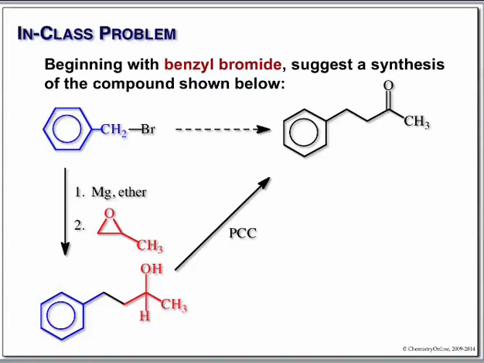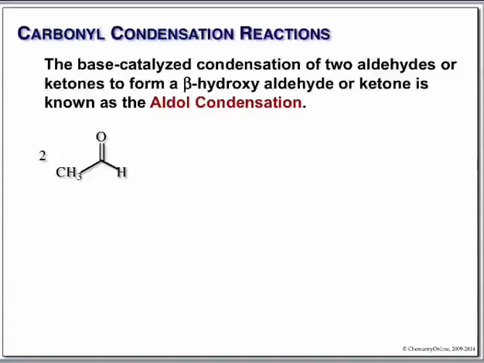Well, after we finished with simple carbonyl compounds, we moved into more recent work that concerned carbonyl condensations. An example of a carbonyl condensation that we looked at was the aldol.